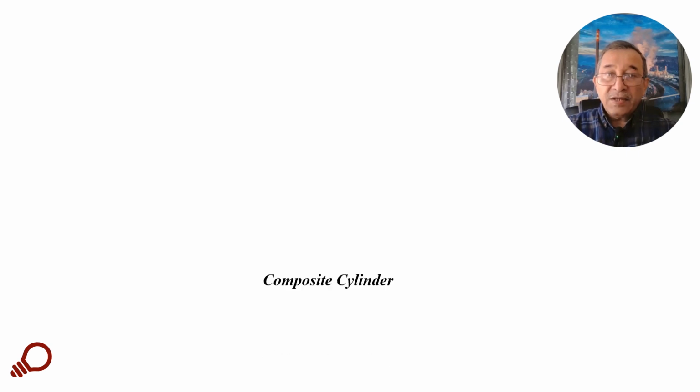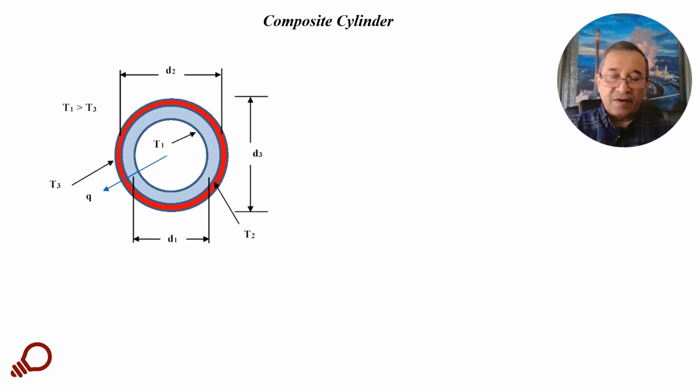The practical application of heat conduction in pipes is the case where we have a composite cylinder. For example, this tube is insulated by an insulation material to minimize heat loss or heat gain between the fluid inside that tube and the ambient.